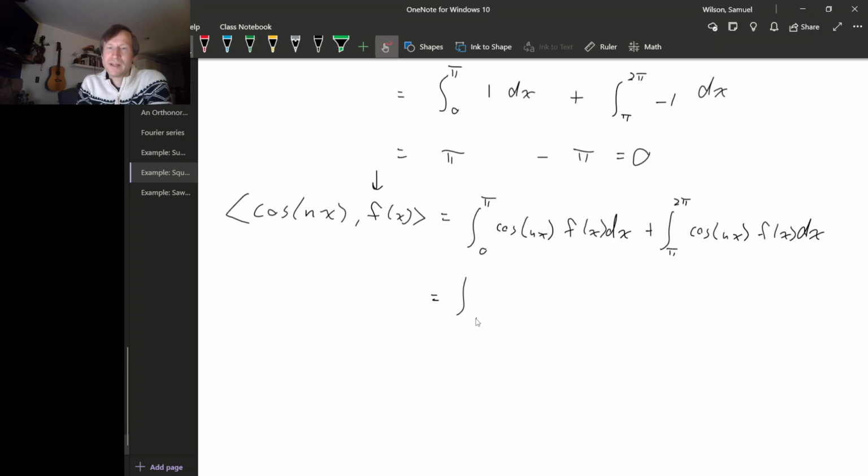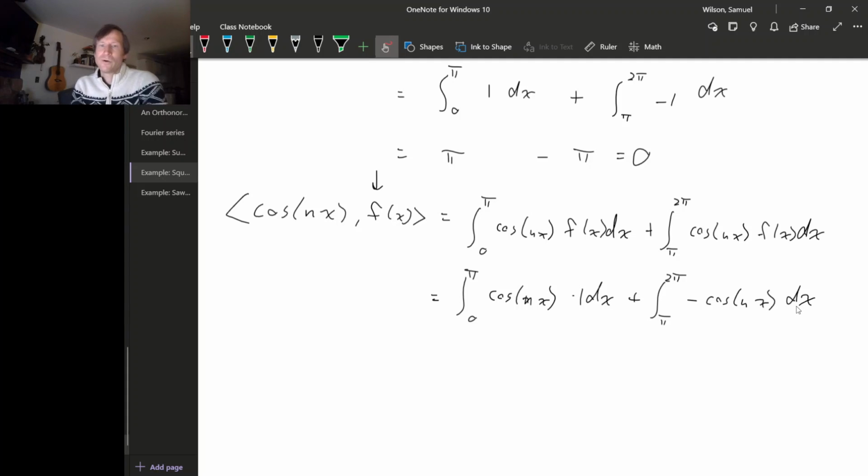But from 0 to pi, f of x is just 1, and from pi to 2 pi, f of x is minus 1, so we get minus cosine nx in here. Then we need to work out each one of these.